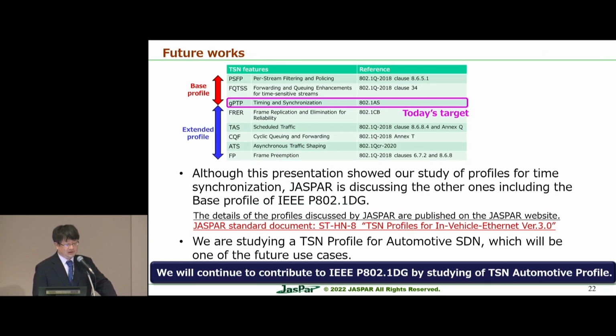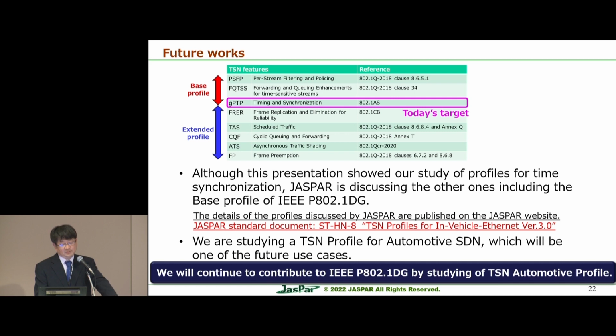And at this point, I'd like to show our future works. As Izumi-san has already mentioned, the IEEE P802.1DZ has two profiles. One is the base profile and the other is the extend profile.